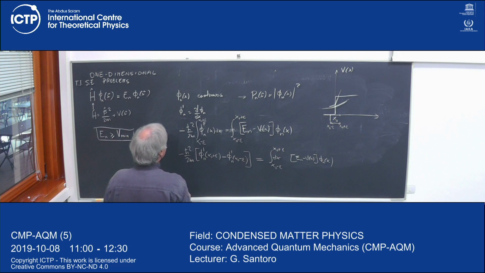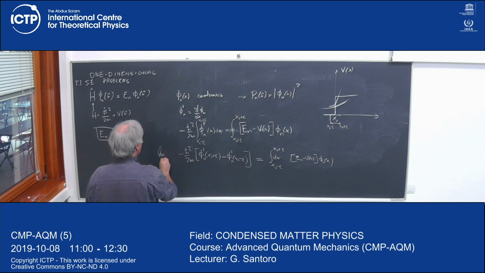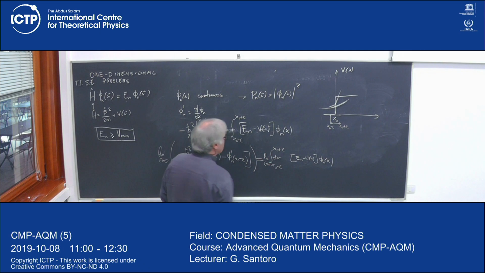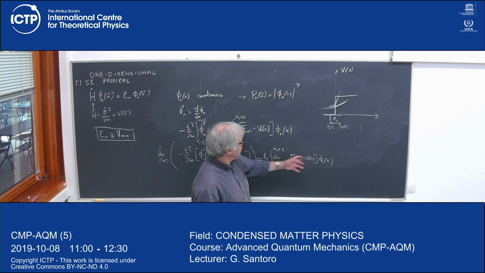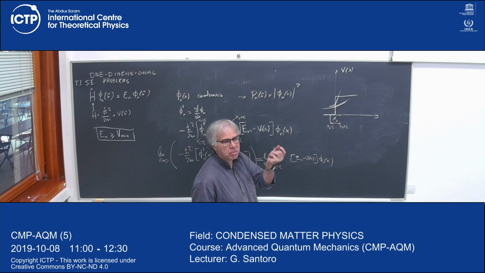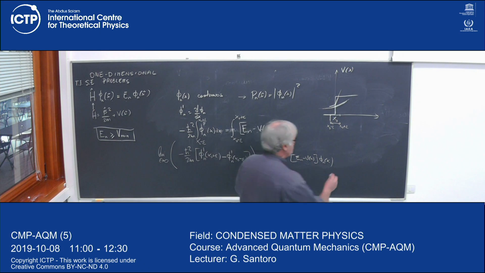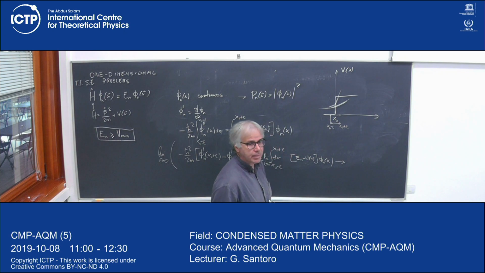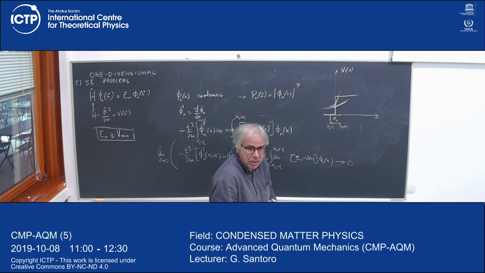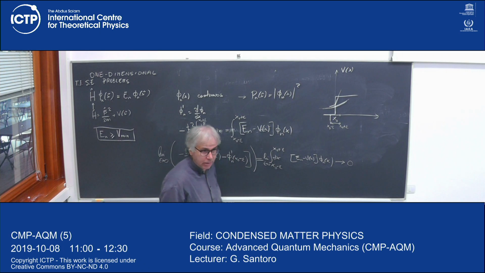Now, take the limit epsilon going to 0 of the left-hand side and of the right-hand side. What would you conclude from the fact that this is an integral of a function over a small interval 2 epsilon, which when epsilon goes to 0, what do you think this limit will be? 0, because any integrable function, if I integrate on a vanishingly small interval, gives me 0.